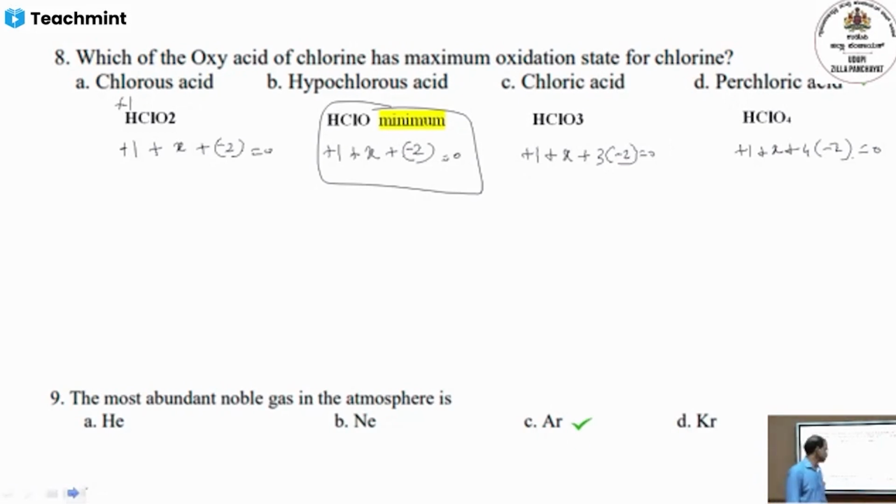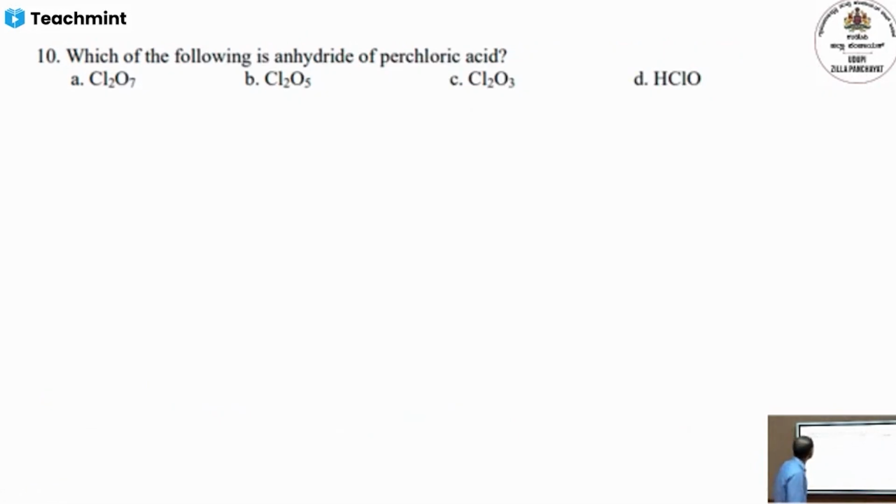And the next one is, which of the following is the anhydride of perchloric acid? Once again, here you must know the names of the various acids containing chlorine and their chemical composition, and then the anhydrides can be obtained by the removal of water, to see which molecule is formed.